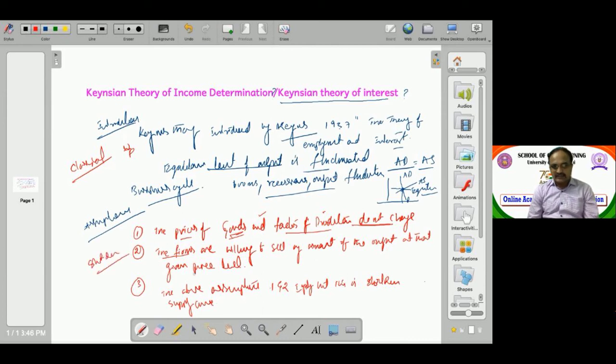But in the long run, hence here we can say that aggregate demand will determine the economy's level of output.